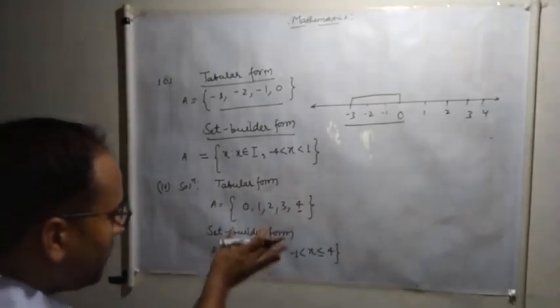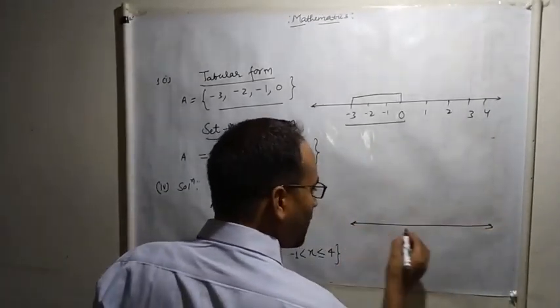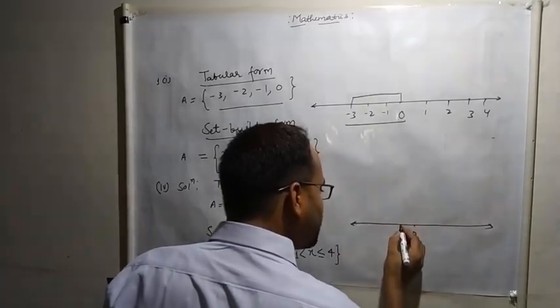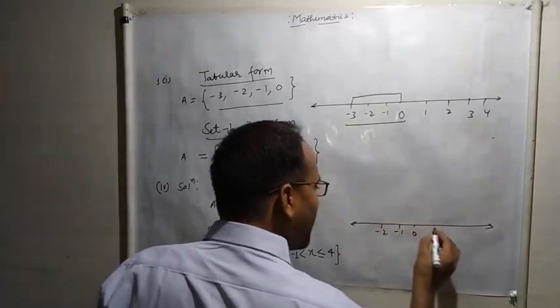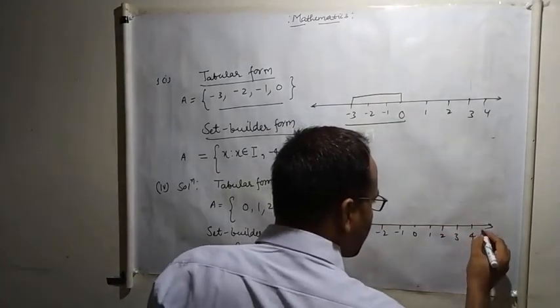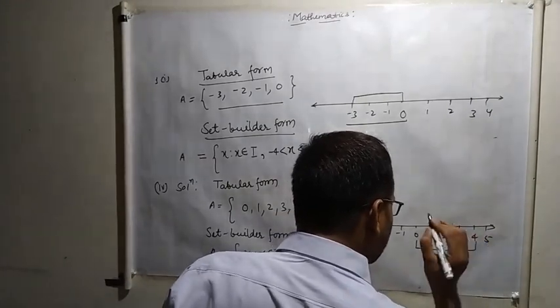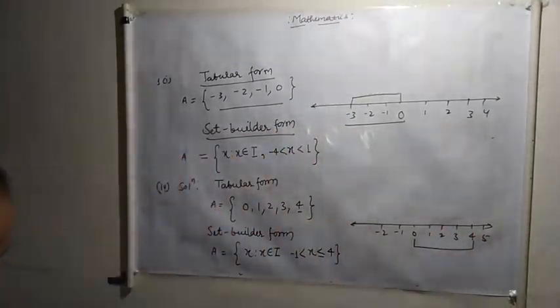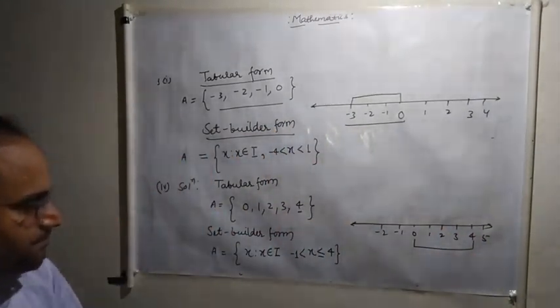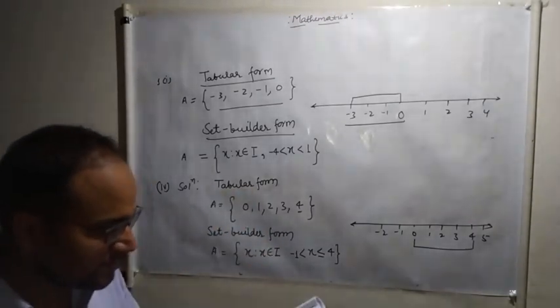And how will you represent this on a number line? Draw a line. On that you will take 0. The left side of 0 is negative integers and the right side of 0 positive. So from 0 to 4, this one is your information. This one is your set. By that you will do the second and third questions.